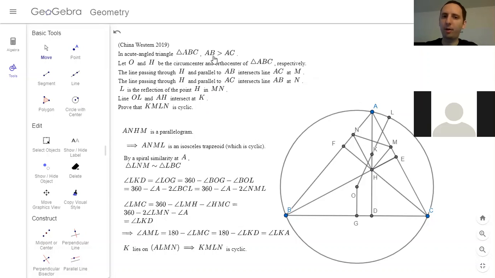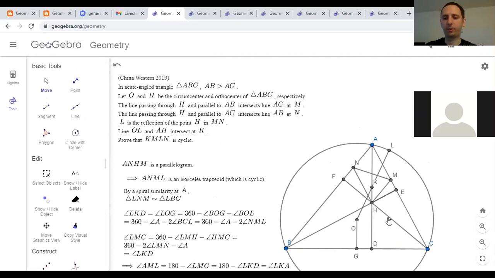Actually the problem gives you that AB is greater than AC, so maybe there is no issue. If L lied on arc AB instead of arc AC, maybe we wouldn't have 360 minus all this stuff. But I think we might actually be okay.